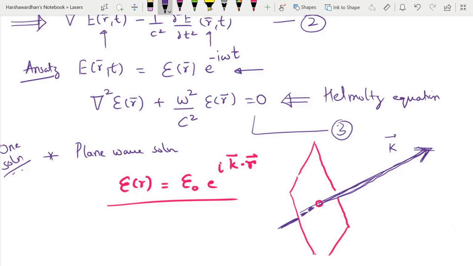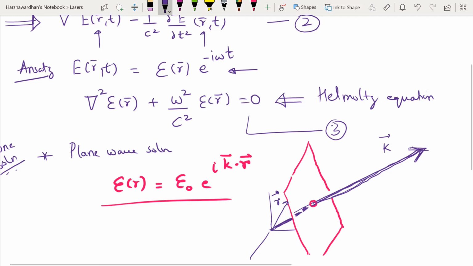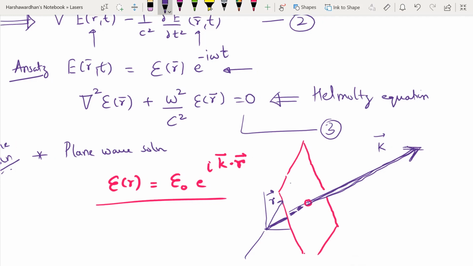So this is a plane, and for any position vector r which ends up on this plane, k dot r would be a constant.